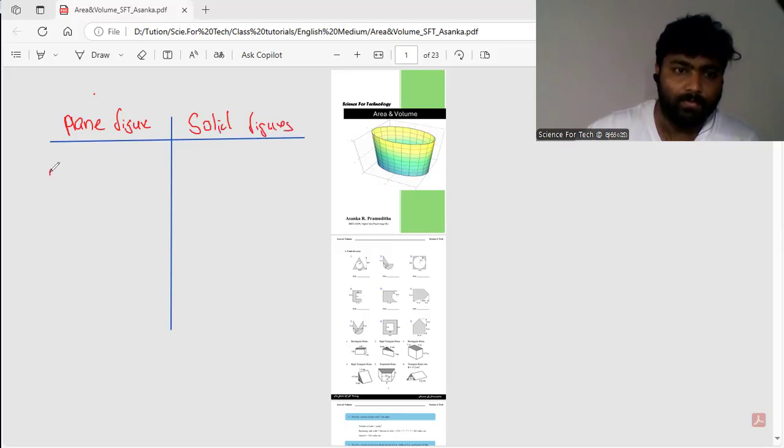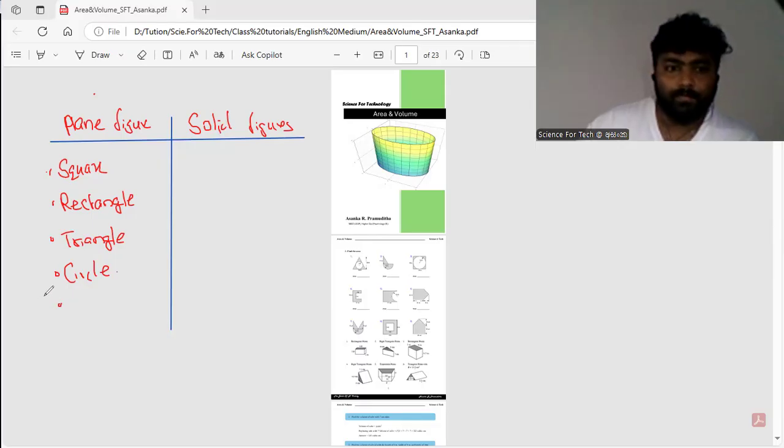Under plane figures, you can write a square, then a rectangle, then a triangle, then a circle. Then what else?